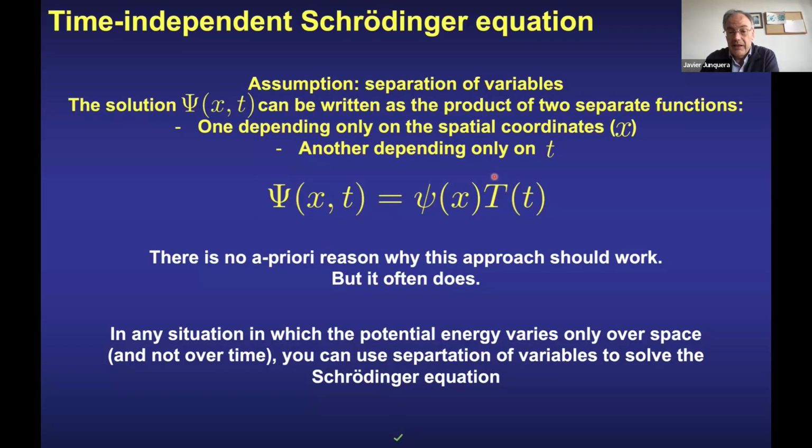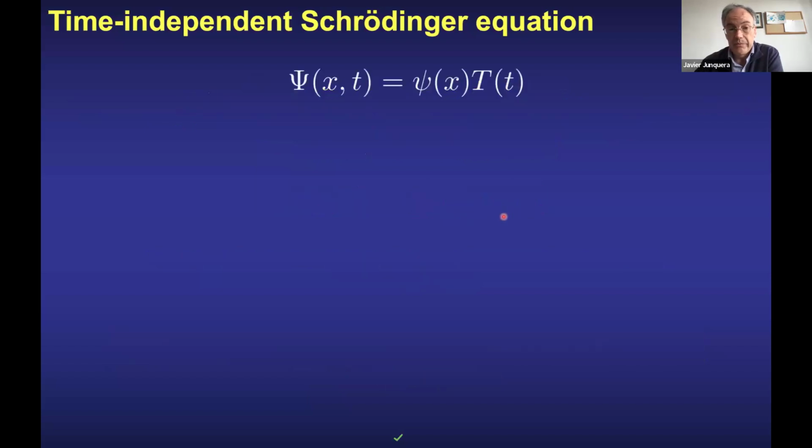So if our potential varies only over space, then we can use this separation of variables as it is done here. So let's check what are the consequences of splitting our wave function, which in principle depends both on space and time, in this form.